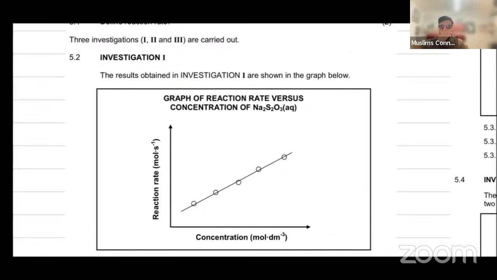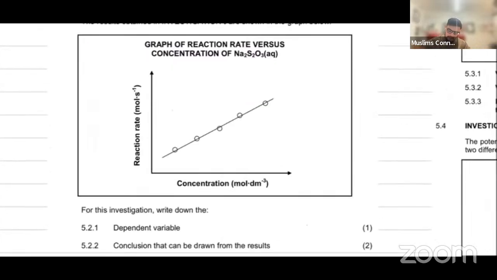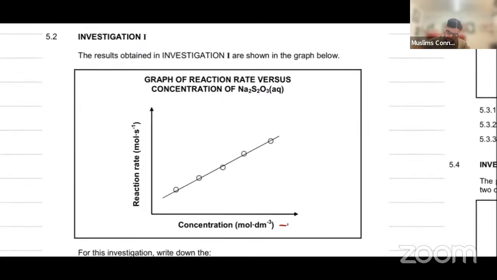Let's look at the 3 investigations. The 3 investigations, 1, 2, and 3, are carried out. The results obtained in investigation 1 are shown in the graph below. We have concentration on the x-axis, and generally we have the independent variable on the x-axis and the dependent variable on the y-axis.